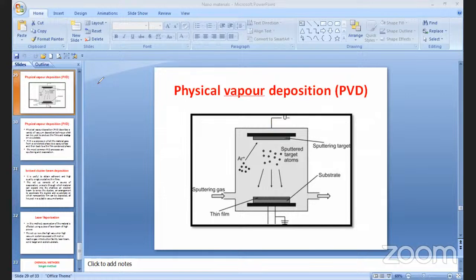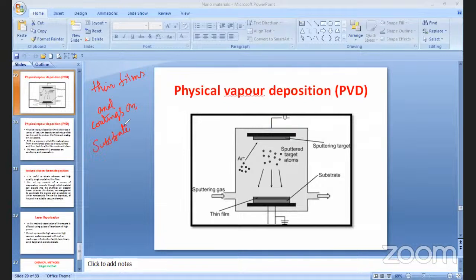The physical vapor deposition describes a variety of vacuum deposition techniques which can be used to produce thin films and coatings on a substrate.